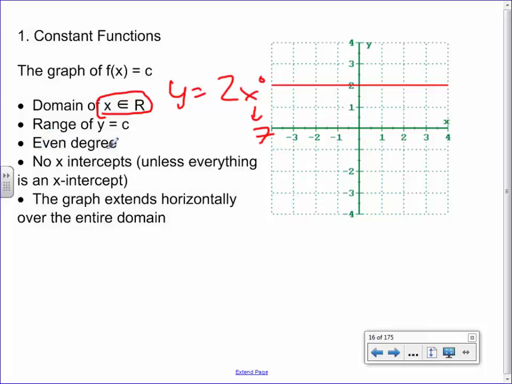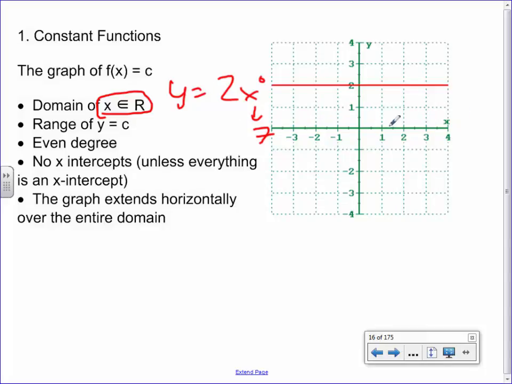We talk about a few more things here then. This is something that would have an even degree. You guys know your evens and odds, right? 0, 2, 4, 6, 8, 10, those are even numbers. 1, 3, 5, 7, 9 are your odd numbers. Because this is x to the 0, we consider this to be an even degree. Will it have x-intercepts? Well, not unless the graph is literally straight across.